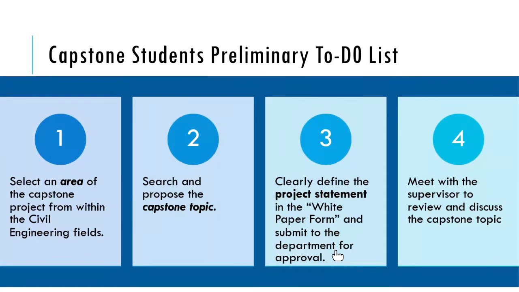And this should be in the first week or 2 in your first semester. So this preliminary to-do list should happen early in your capstone project. So don't wait until the middle of the semester to submit your white paper form, because time is money and time counts, and you need to be organized and be ahead of time, right?